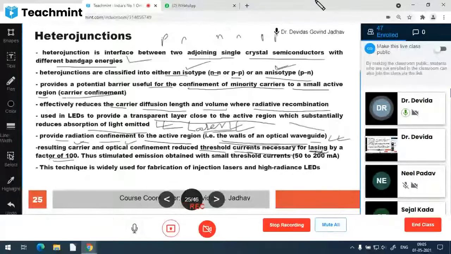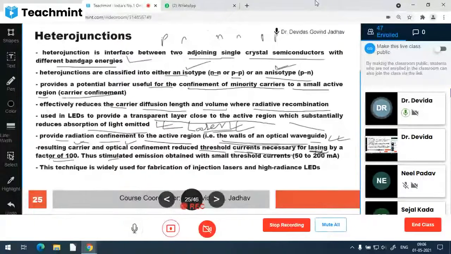But if confinement of carrier and optical confinement is provided in the crystal structure, then the threshold current to start the laser action is reduced by a factor of 100. No? 100 times less current is required. So there is a threshold current, the minimum driving current that starts the laser action. That minimum driving current is needed for population inversion. Once the population inversion is achieved, laser action takes place.